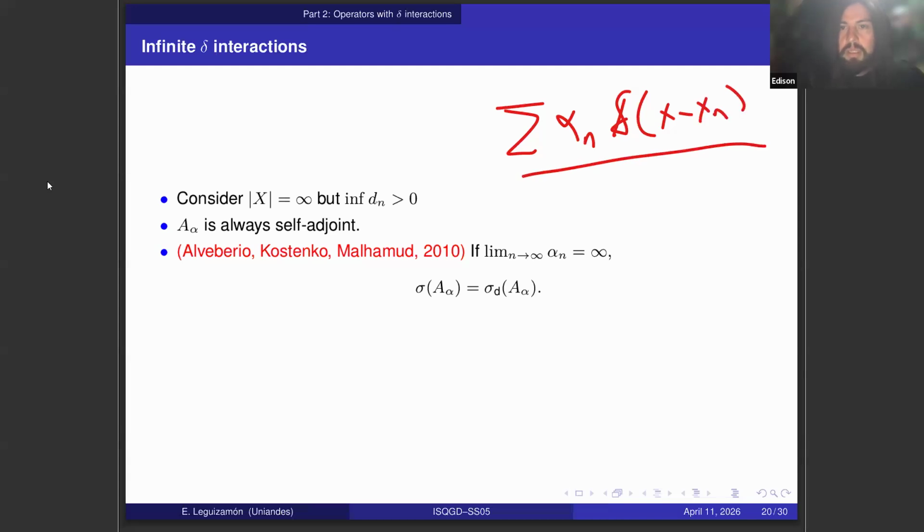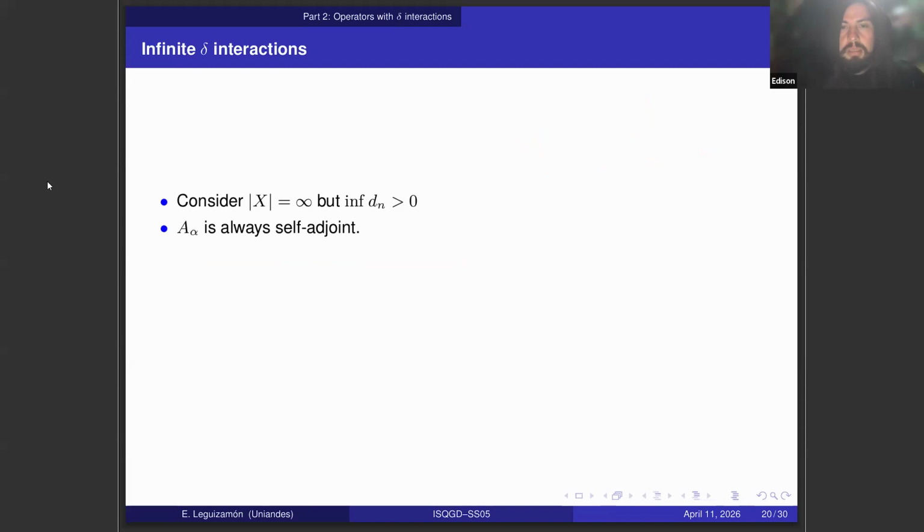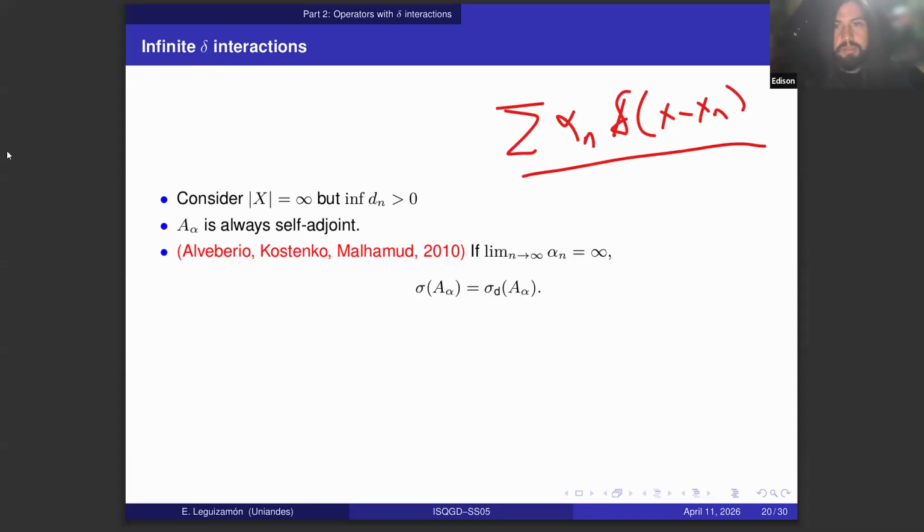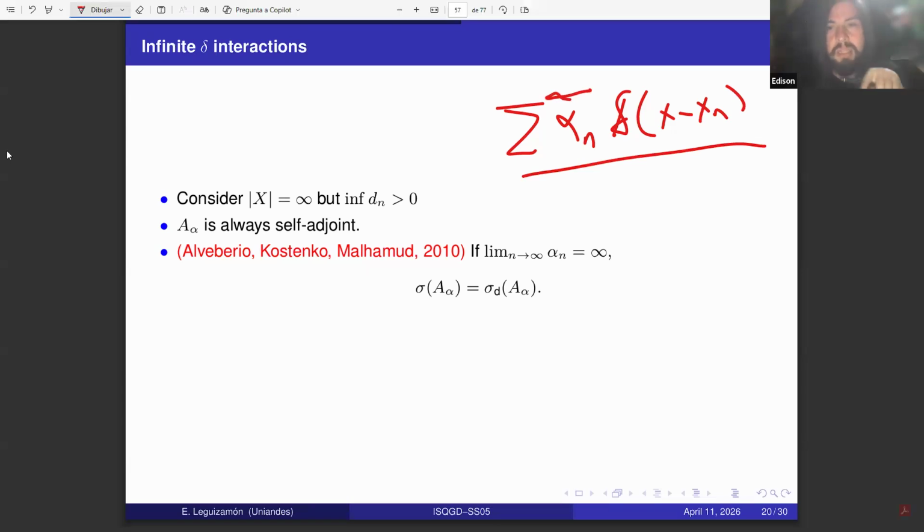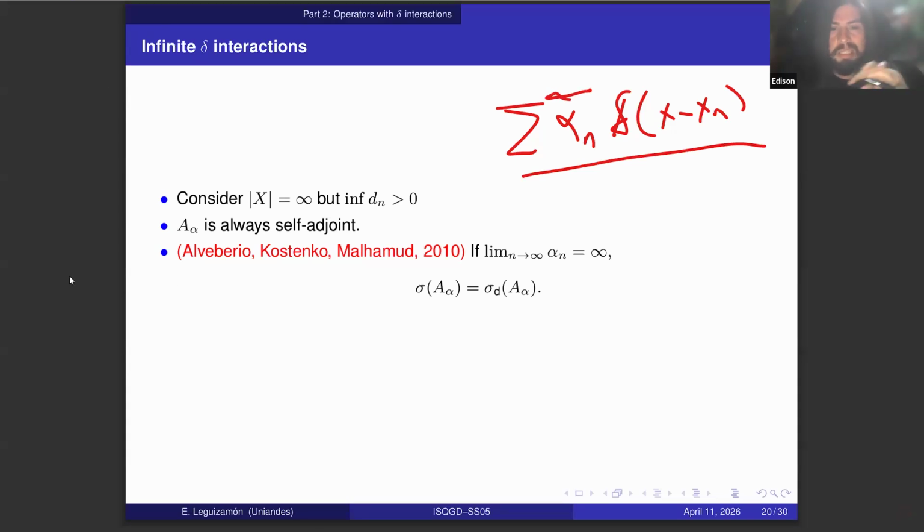This is my potential. These are the strengths, the alpha n. And if this alpha n is too strong, then the essential spectrum of the Laplacian is completely destroyed.